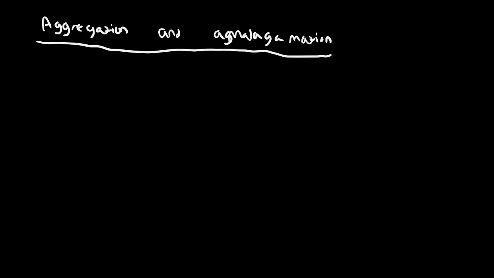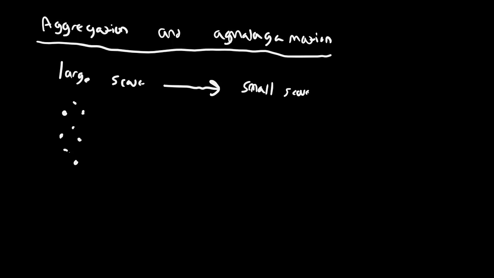Right? And so again, the idea here with aggregation, if we say, for example, we had, at large scale, some points. And then as we transition to small scale, if we were to keep those points, it might look very congested.